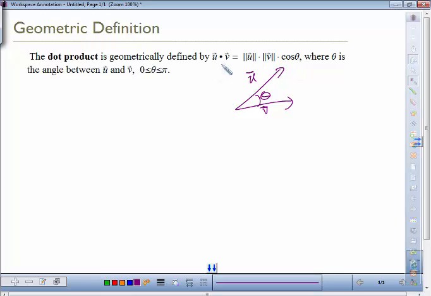If we're given u and v, we can use the algebraic definition to compute the dot product, and then we can find magnitudes now, and then just get the cosine inverse of that. Then you'll be able to find your theta.